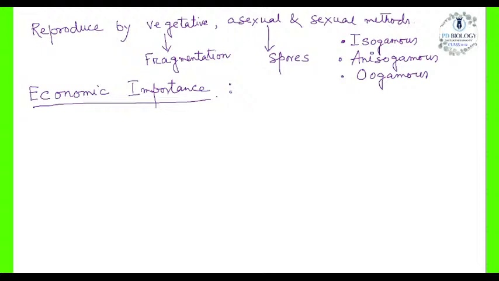So at least 50% of the carbon dioxide of the atmosphere is fixed by algae. Remember this one, it's a very important information. Keep it in mind.